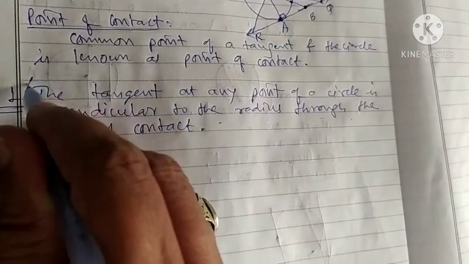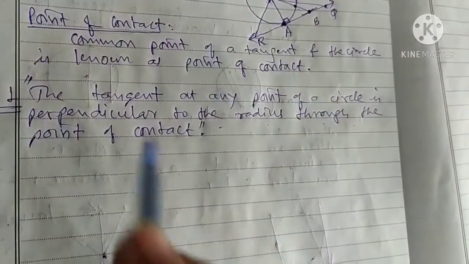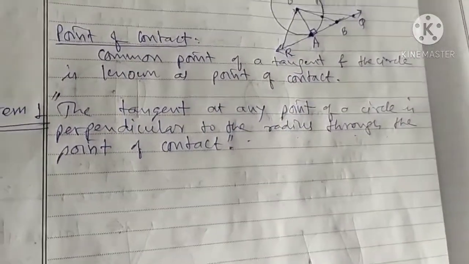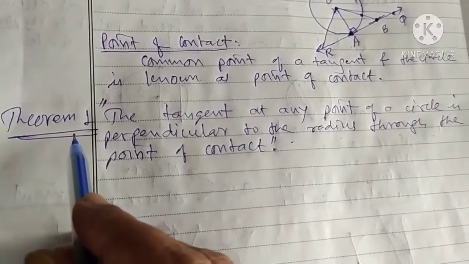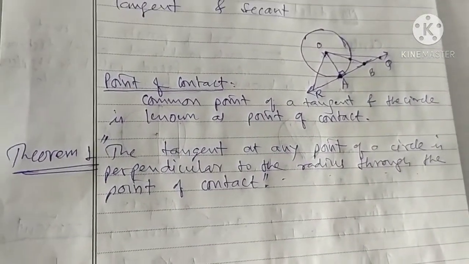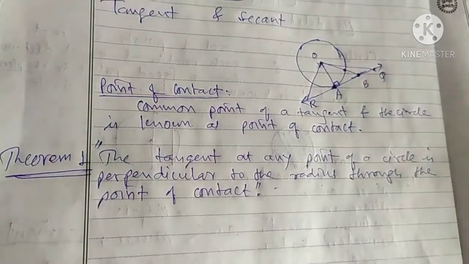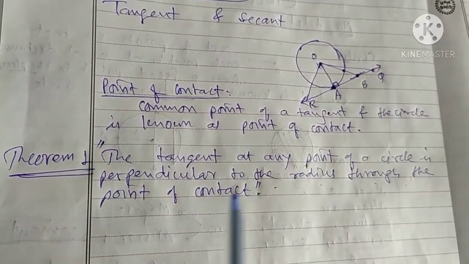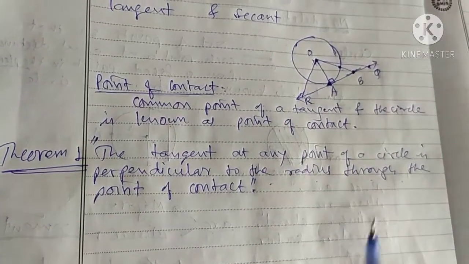This sentence is a theorem in the syllabus, theorem 1 of chapter 10. Now if this is a theorem, it can be proved. Let us read once again. The tangent at any point of a circle is perpendicular to the radius through the point of contact.